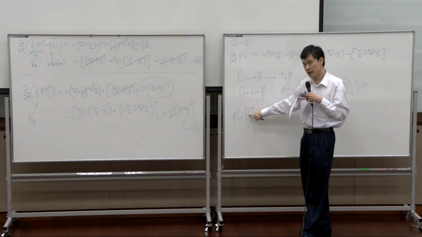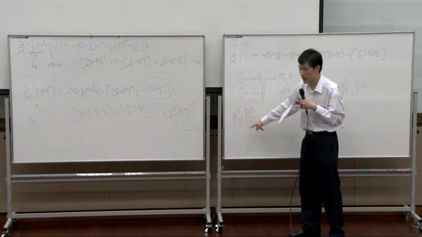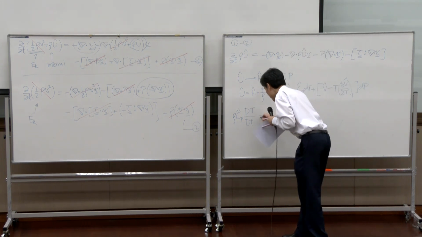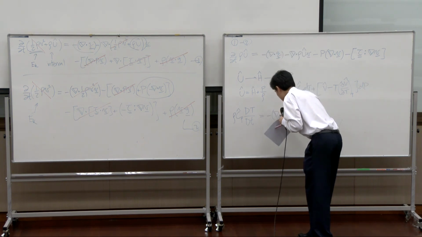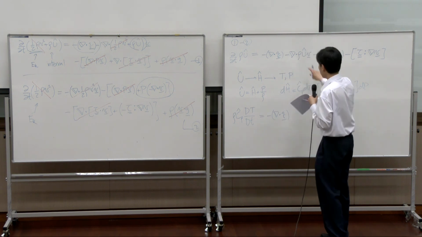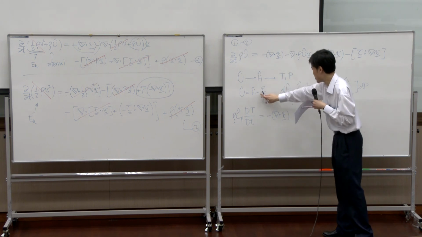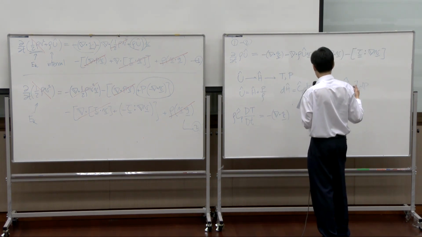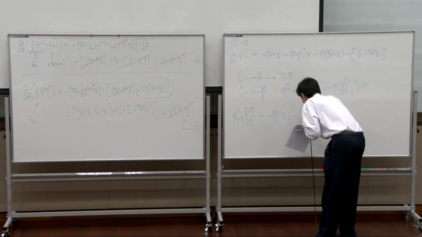Now, this capital D is substantial derivative. We learned this in chapter 3. It contains del dot V. Okay? Then, the first term remains the same. This term will be changed accordingly. We change U into H, change H into T and P. I do not want to go into the detail. As a result, you get this part.